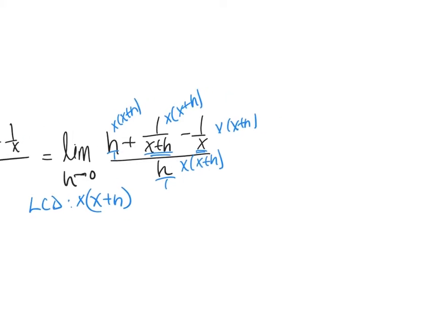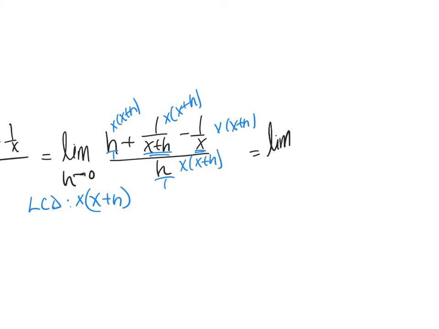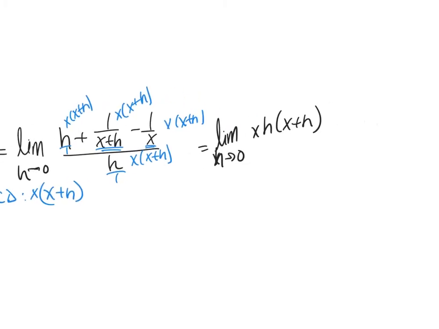On my first term, the limit as h approaches 0, I'm going to have nothing cancel out, so I have x, x plus h, nothing canceled out. My second term, my x plus h canceled out, so I have plus x.